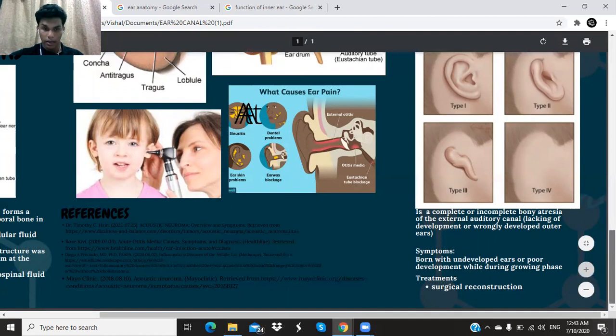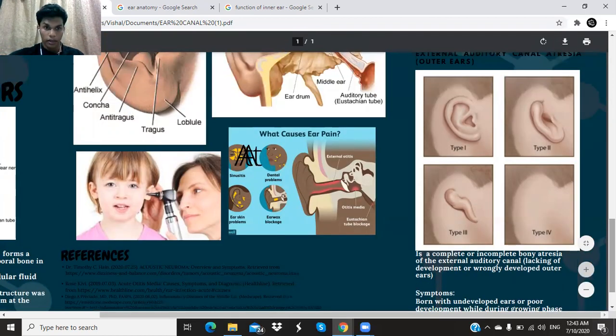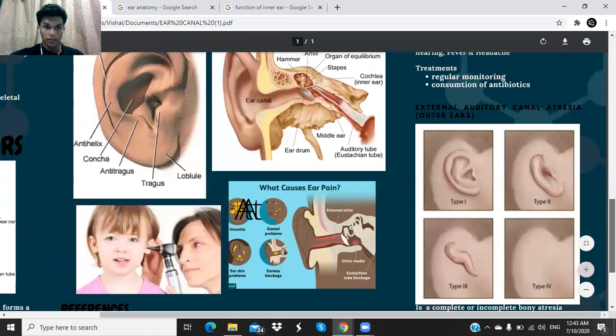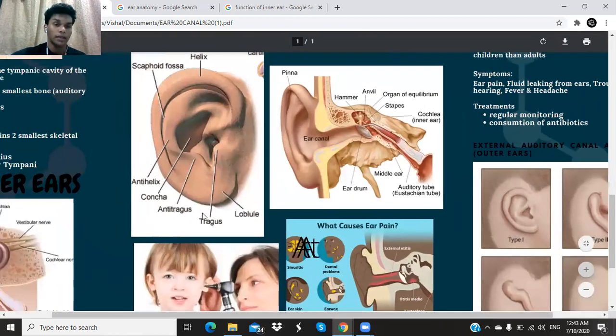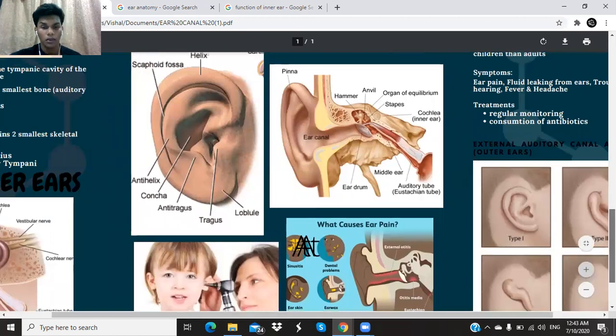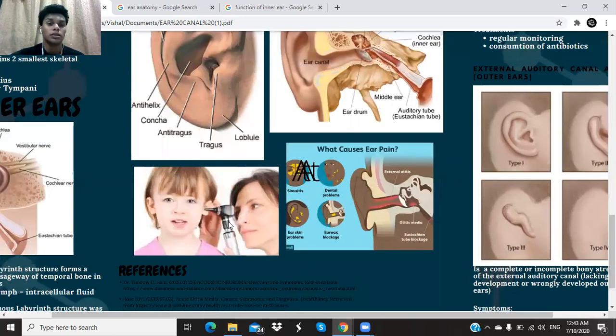These are the relatable pictures, and these are the names and labeling of our external ear. These are the labeling of the middle and inner ear, and also, the device we can see in this picture is called an otoscope.